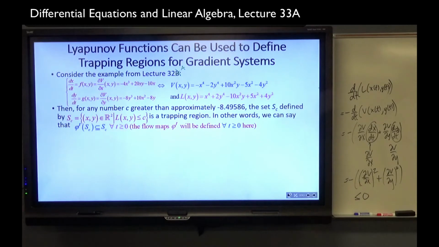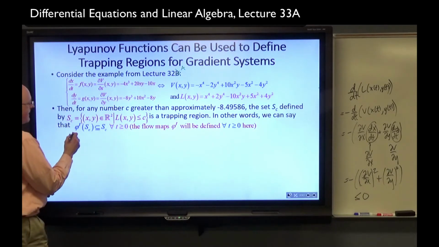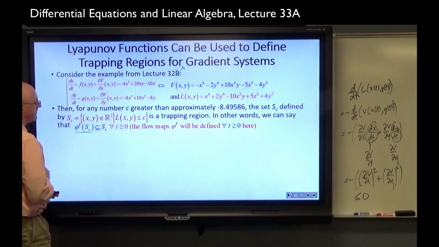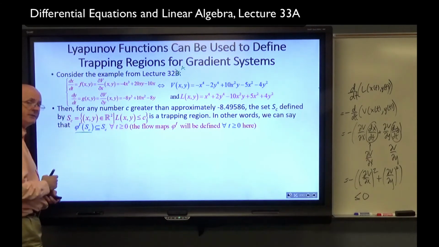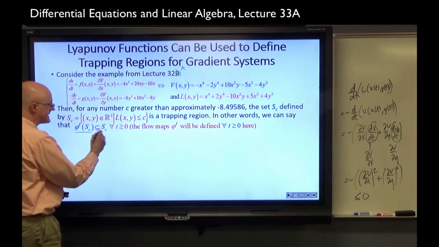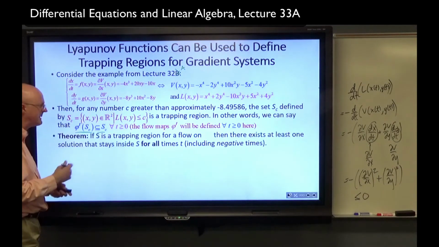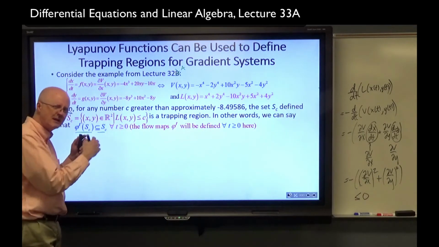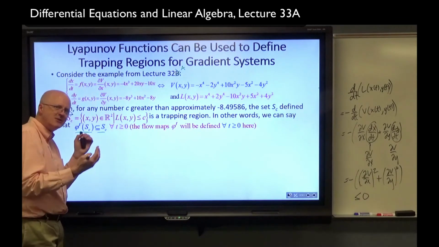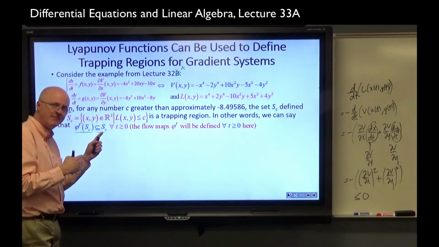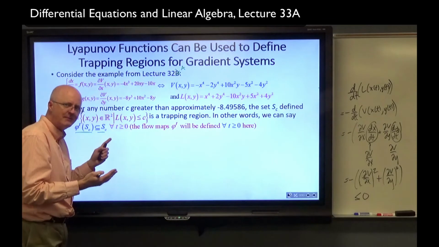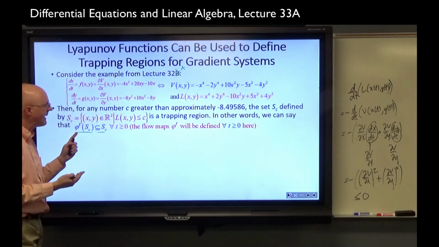And what does it mean to be a trapping region? A couple lectures ago I said that that means that the time t flow map, the image of S_c under the time t flow map, is a subset of itself. Some people assume it's a little bit more. They assume it's truly interior to the set, not touching the boundary, this image when t is positive.